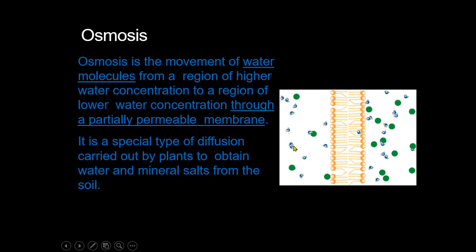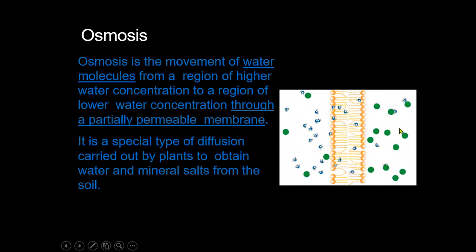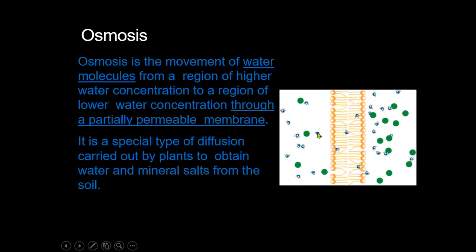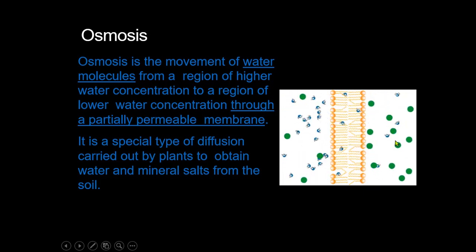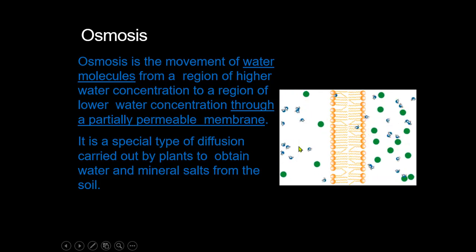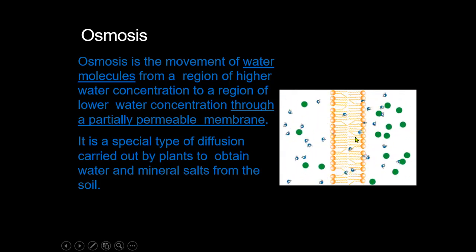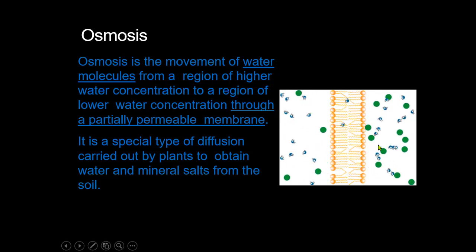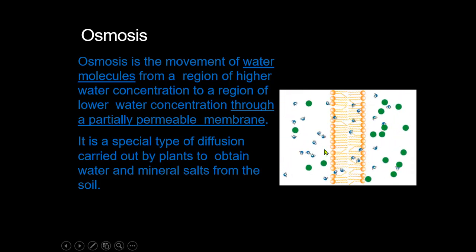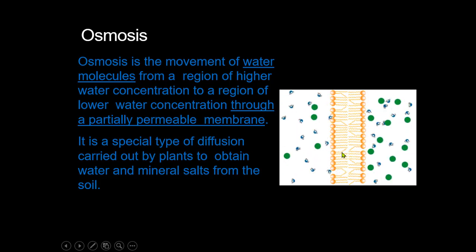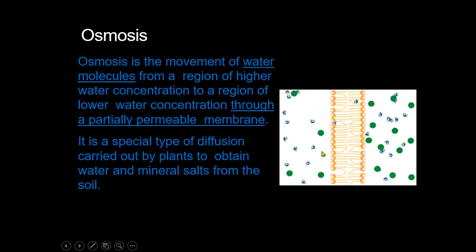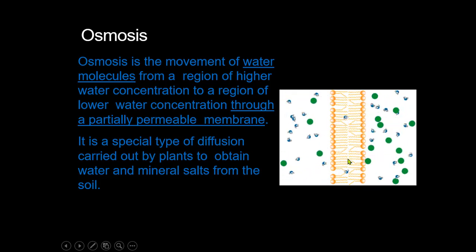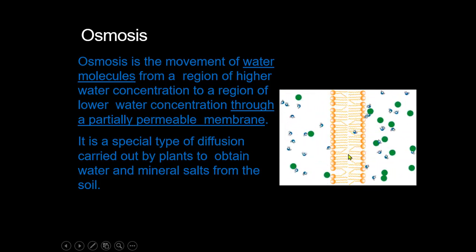So if there's more water outside the root than inside of the root, the water molecules will go through the semi-permeable membrane from an area of high concentration, like this, to an area of low concentration until it is evenly distributed, right? So this must take place using water molecules and a semi-permeable membrane. If it does not include these two things, it's not osmosis.